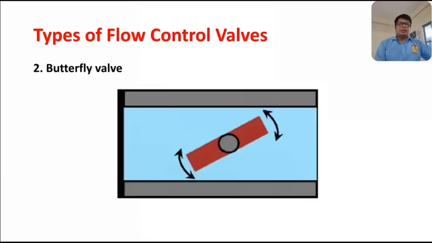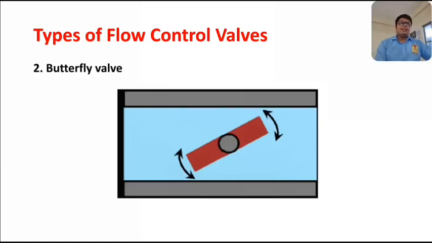The resilient butterfly valve uses the flexibility of rubber and has the lowest pressure rating. The high performance butterfly valves have a slight offset in the way the disc is positioned, and that's why it increases its sealing ability and decreases the wear. For high pressure systems, the triple offset butterfly valve is suitable, which makes use of a metal seat, and therefore they are able to withstand high pressure.